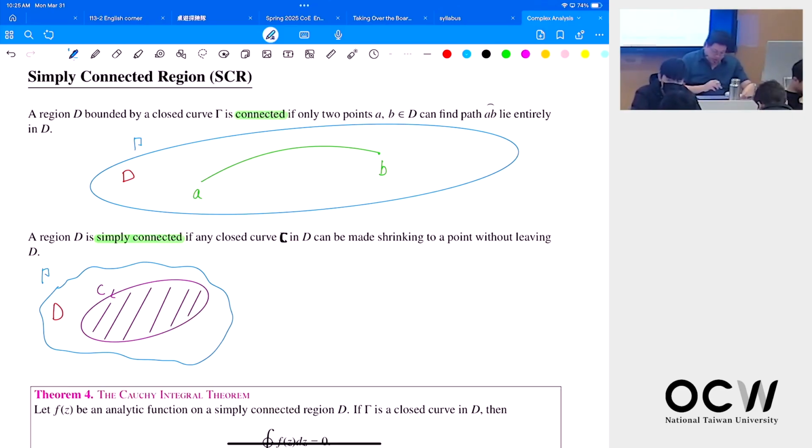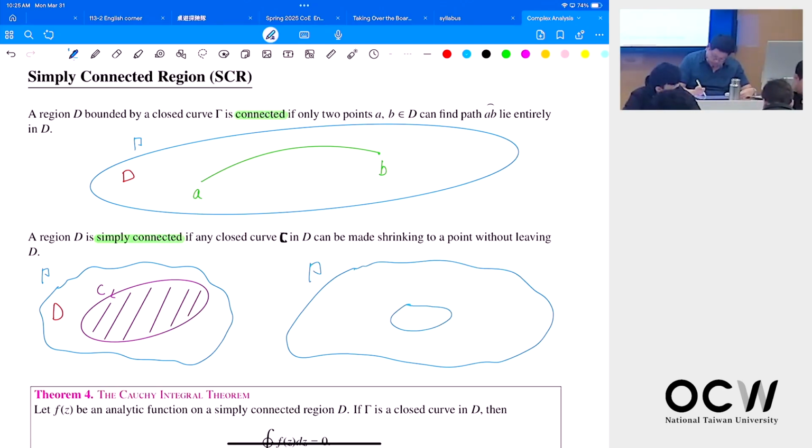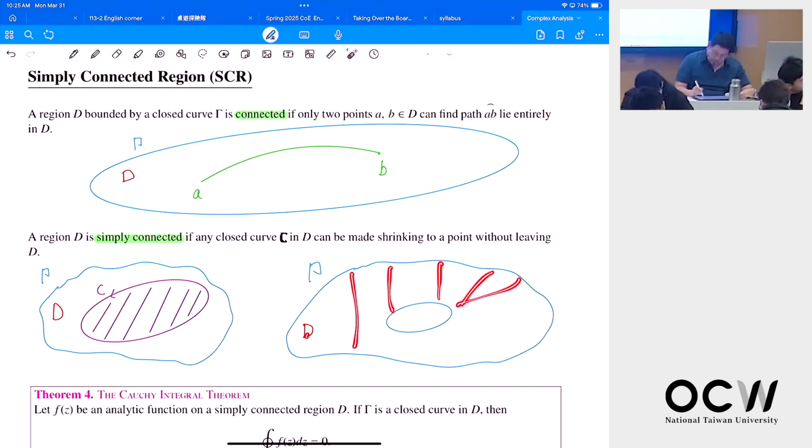So if I still have a closed curve tau, this is my closed curve tau. Inside that is D. But for this closed curve tau, here I also have a smaller closed curve inside. And then D is only this kind of donut region.